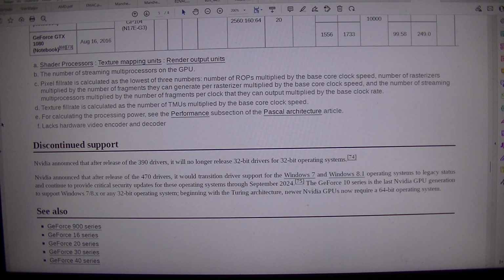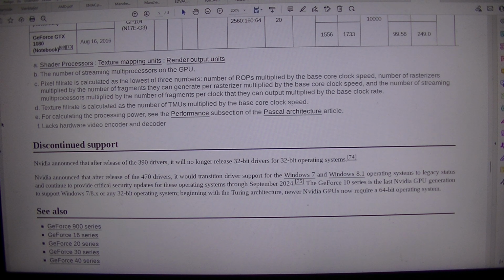Shader processors, texture mapping units, render output units. The number of streaming multiprocessors on the GPU. Pixel fill rate is calculated as the lowest of three numbers: number of ROPs multiplied by the base core clock speed; number of rasterizers multiplied by the number of fragments they can generate per rasterizer multiplied by the base core clock speed; and the number of streaming multiprocessors multiplied by the number of fragments per clock that they can output multiplied by the base clock rate.